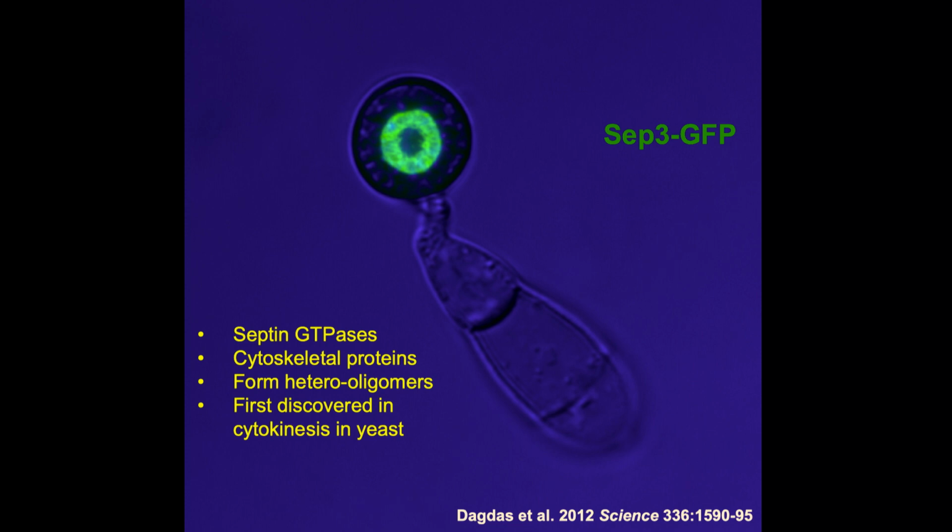And what's interesting about them is that they're able to form these gauzes, collars, rod-type structures, normally at plasma membrane sites. And they can act as lateral diffusion barriers, so they can hold certain proteins in a particular domain and prevent lateral diffusion in a membrane. And they can also scaffold actin and act to rigidify the cortex.